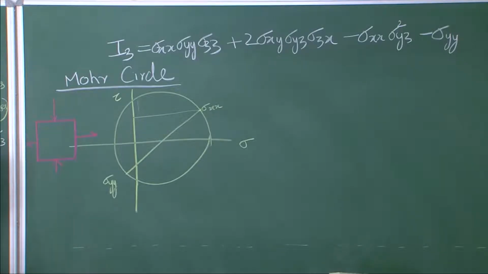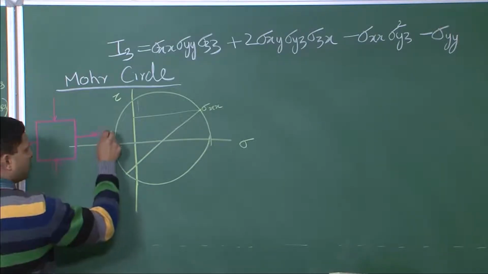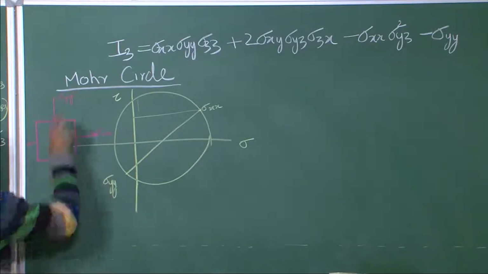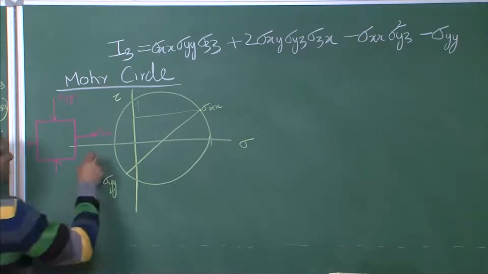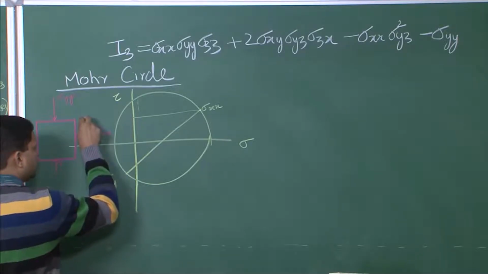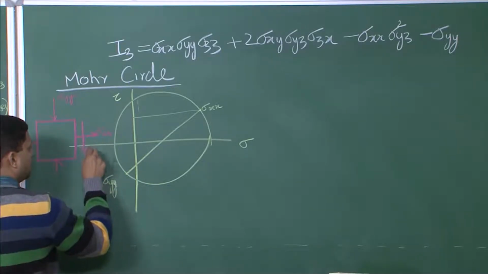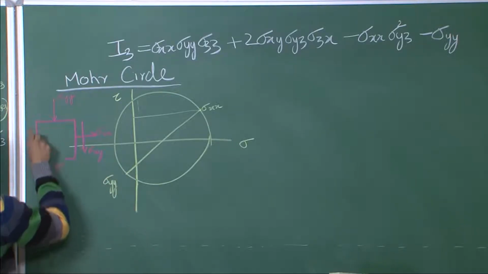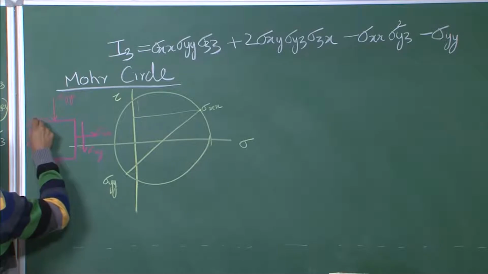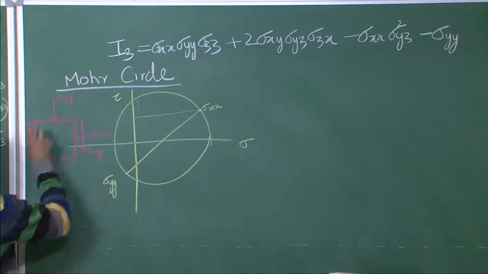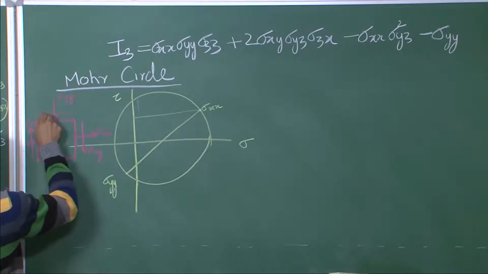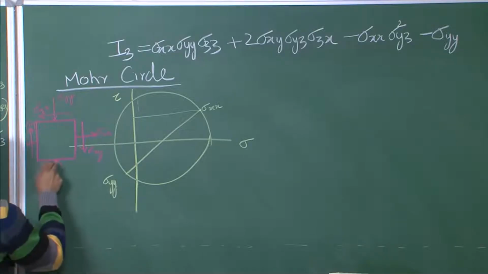So, this is the element we are talking about. This is sigma xx, this is sigma yy, and this is sigma xy, which is trying to rotate the element clockwise. Equal in magnitude but opposite in direction, we have sigma yx, which is trying to rotate it anti-clockwise.